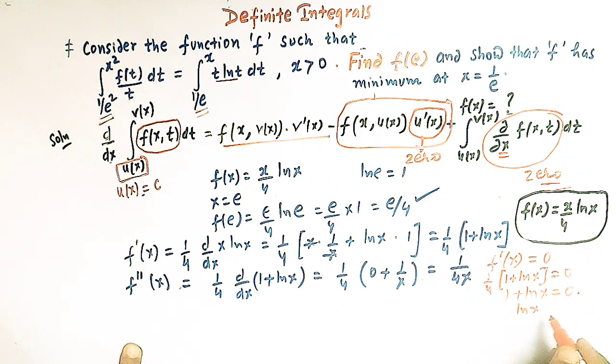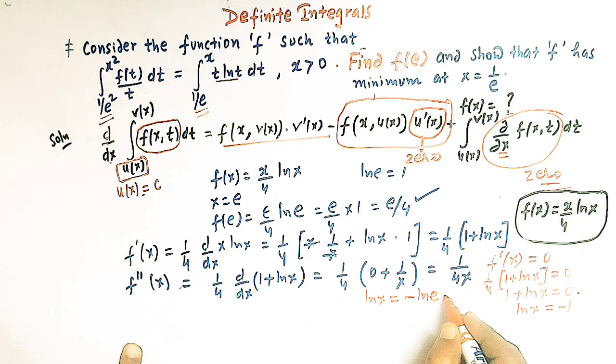So natural log of x is equal to minus 1, and this is equal to minus natural log of e, because natural log of e is 1. And here we can now write natural log of e raised to minus 1, that is natural log of 1 over e, right? So natural log of x is equal to natural log of 1 over e, and from this equation we have x is equal to 1 over e.